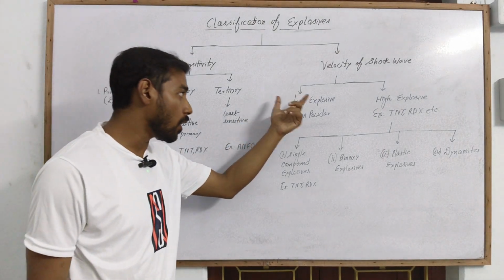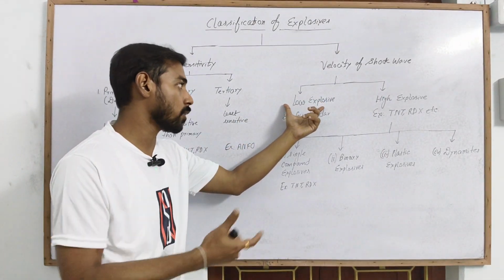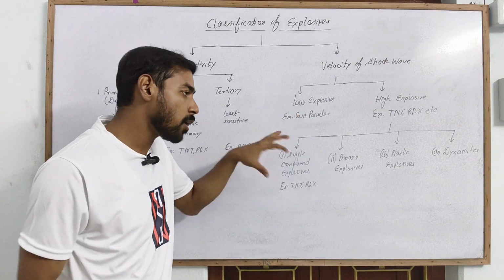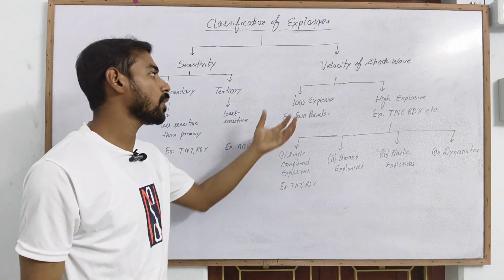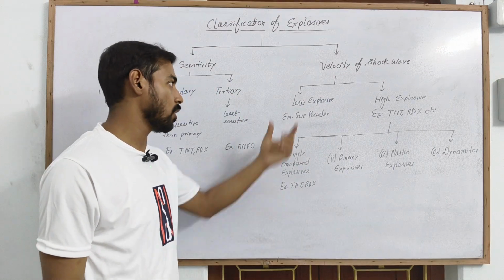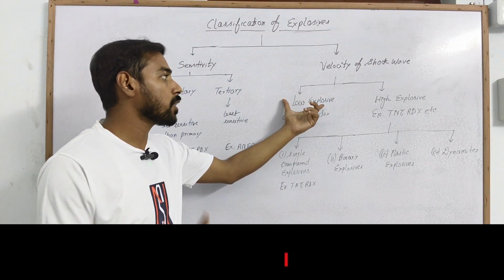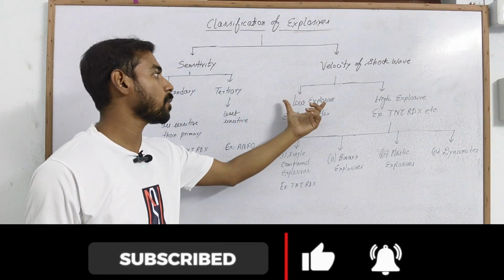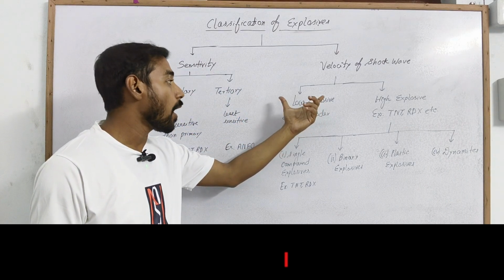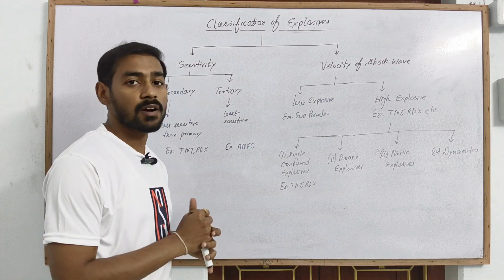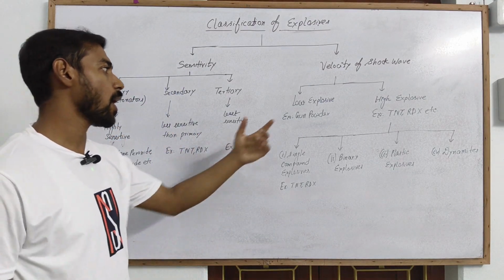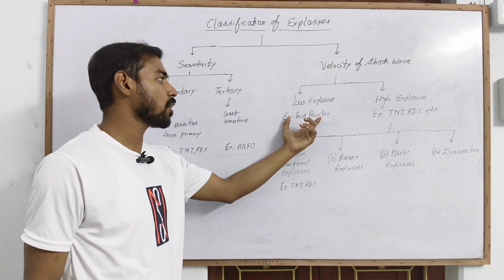Because if pressure does not build up, you can control that very easily. But if pressure builds up too much, it cannot be controlled easily. These kinds of explosives are generally used in missiles, in rocket propellants, etc. A common example is gunpowder.